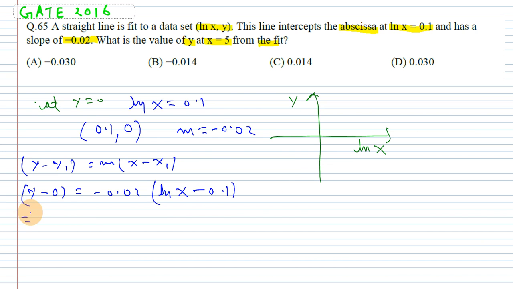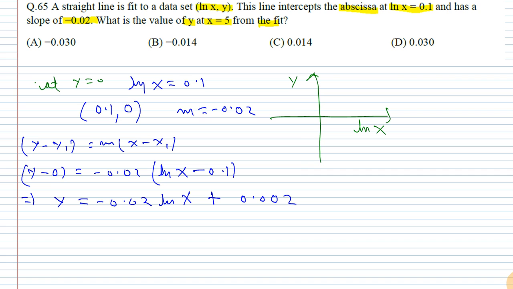So this is the equation of the line: y equals minus 0.02 ln x, and if you multiply with this number, then the minus sign will become plus, and this will become 0.02. So we have got the equation of the line.